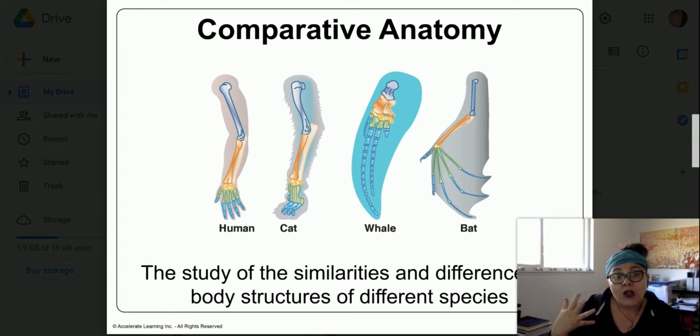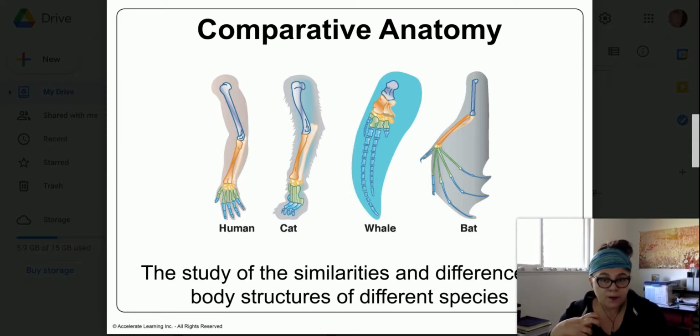And these are all different animals that have evolved from a common ancestor. Somebody we're related to all millions of years ago, hundreds of thousands of years ago, that we have evolved to have similar parts and similar bone structures.